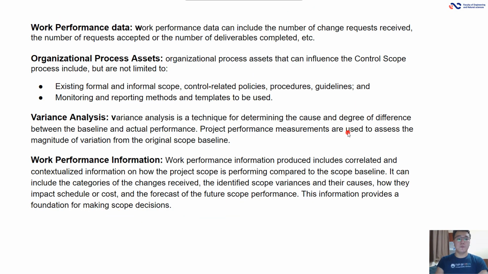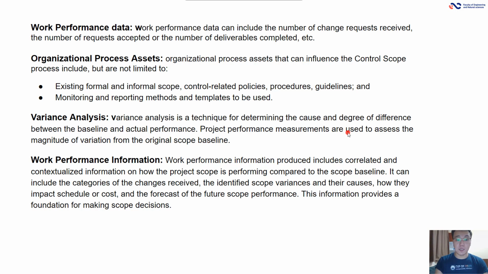Work performance data. Work performance data can include the number of change requests received, the number of requests accepted, or the number of deliverables completed. Organizational process assets. Organizational process assets that can influence the control scope process include existing formal and informal scope, monitoring and reporting methods. Variance analysis.